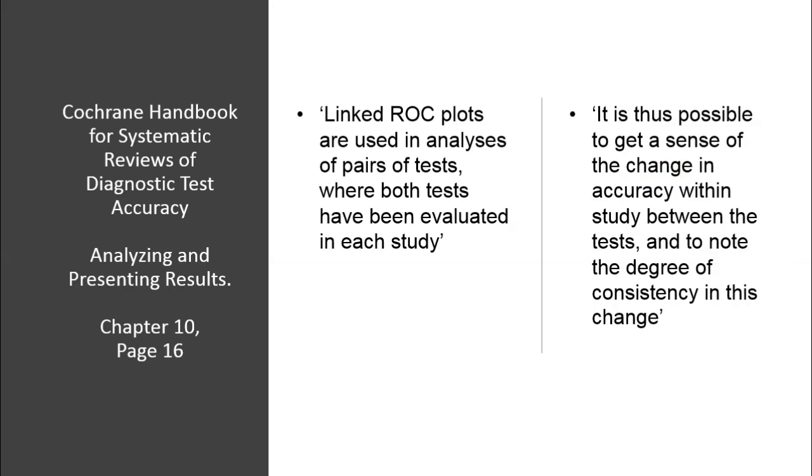The Cochrane review advises on the use of linked ROC plots to get a sense of how much of a change in accuracy occurs within a study by noting the consistency of the change with and without an intervention such as contrast medium enhancement.